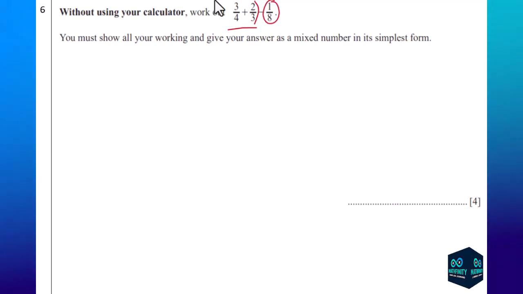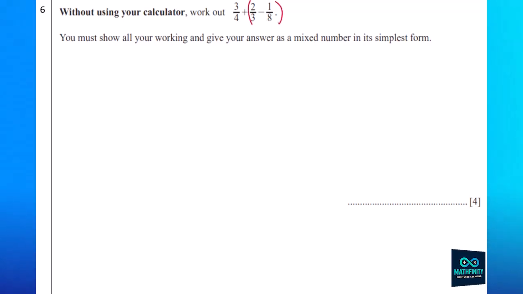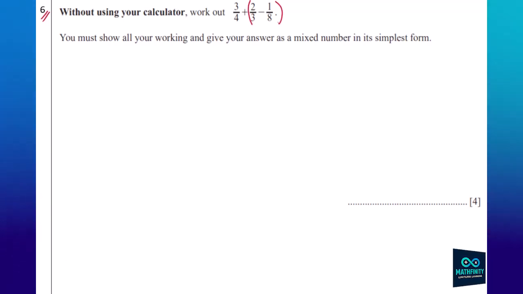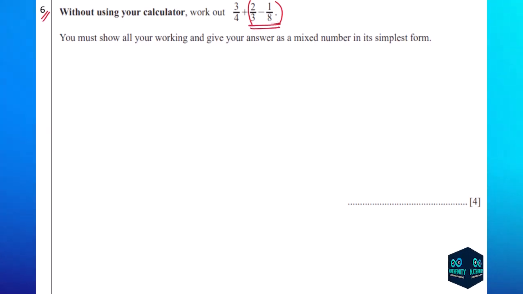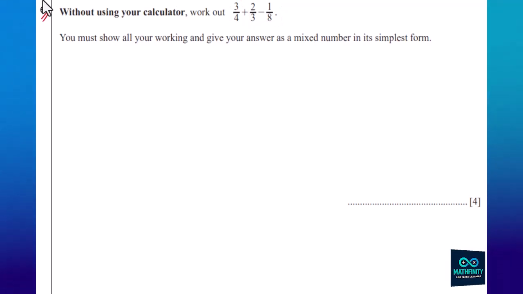You can also take the bracket of these two, the same like question number 5. Okay, you can solve this one and then solve with this fraction, or we have the third method. Directly we can solve. Directly how we can solve?